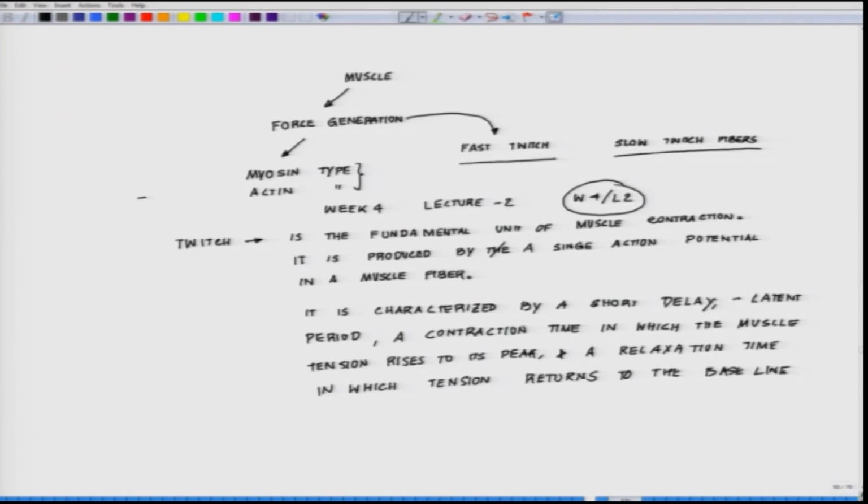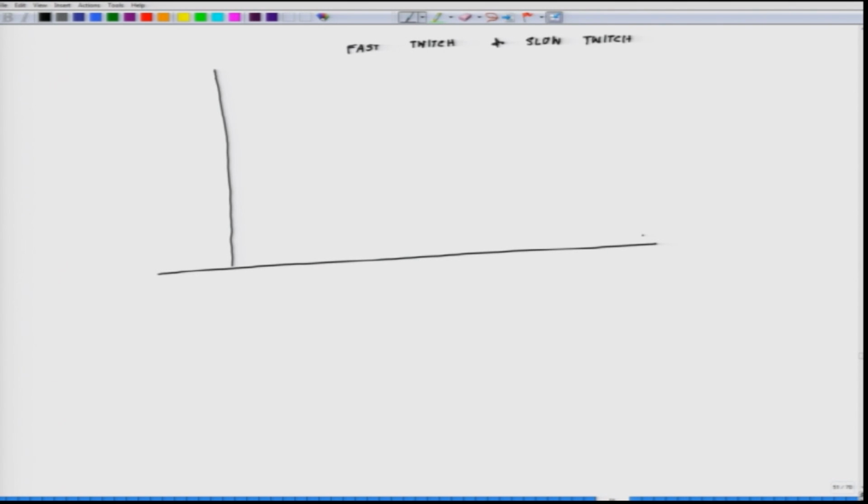Now, once we have defined twitch, we can define what is a fast twitch and what is a slow twitch fiber. As the name indicates, the force generation pattern will be different in the fast twitch and the slow twitch. Your y axis is telling you the force, and your x axis is telling you the time, which is moving like this.